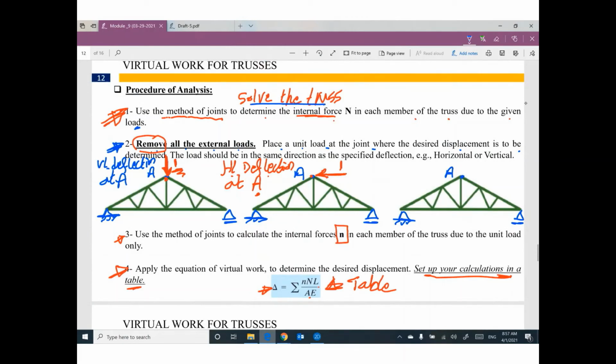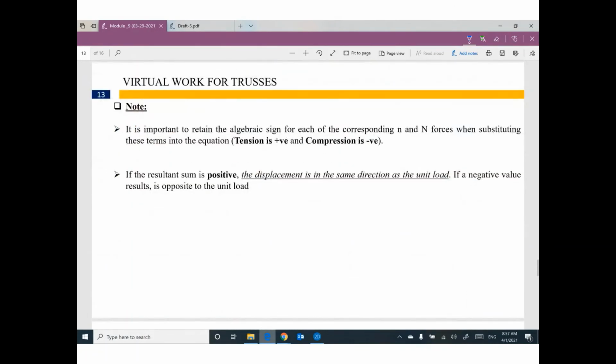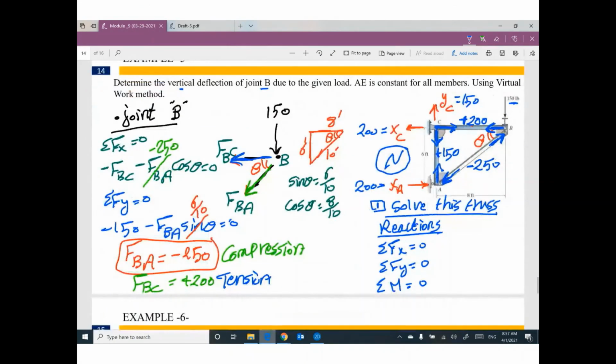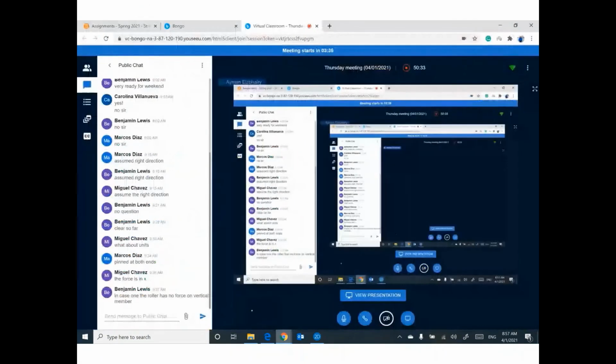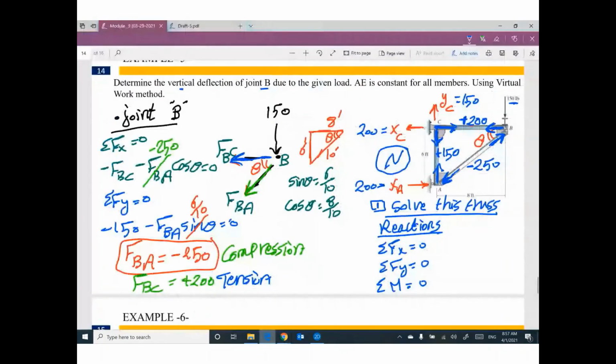We need to find the internal force in each member, and make sure if your member is in tension, the value will be positive. If your member is in compression, the value will be negative. Keep it in your mind. Any questions so far? The first step in this method is what we were doing during chapter 4.